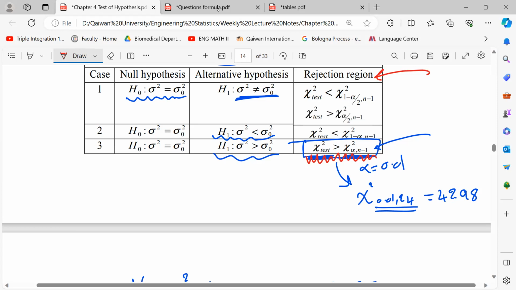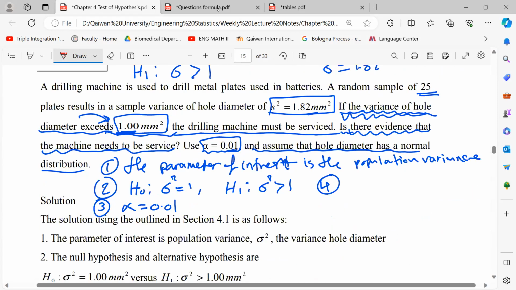So if we reject H naught, it means we accept H1. So the variance of diameter is greater than 1, and the machine needs to be serviced. We said if the variance is greater than 1, it's the hypothesis that the machine needs to be serviced.